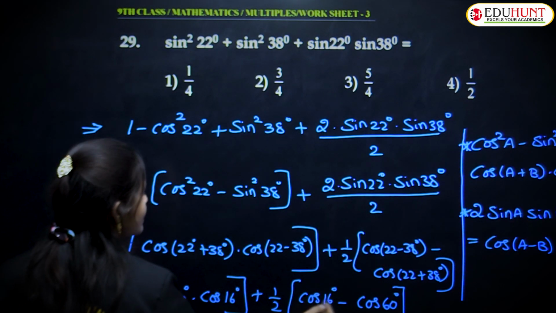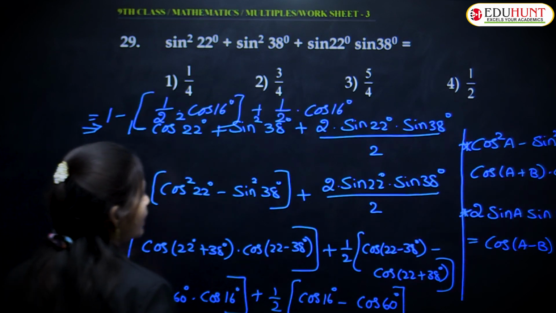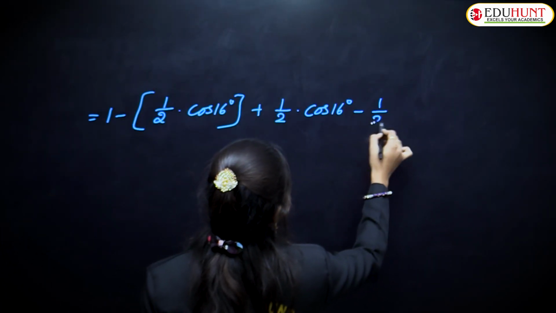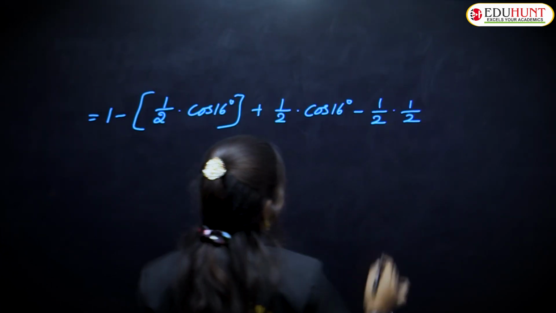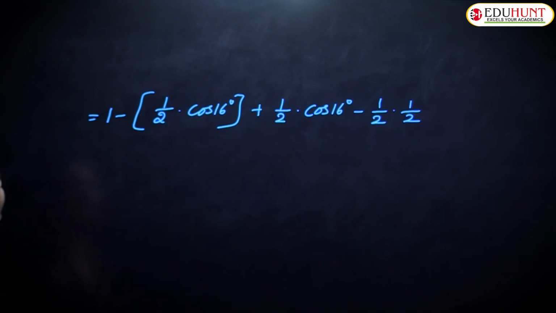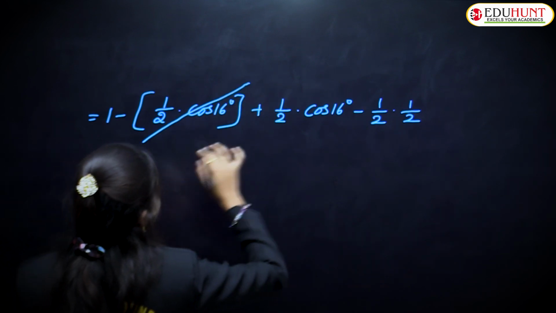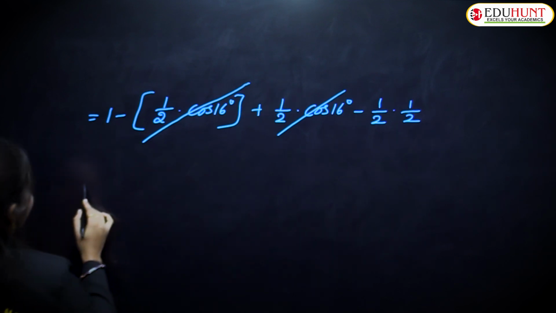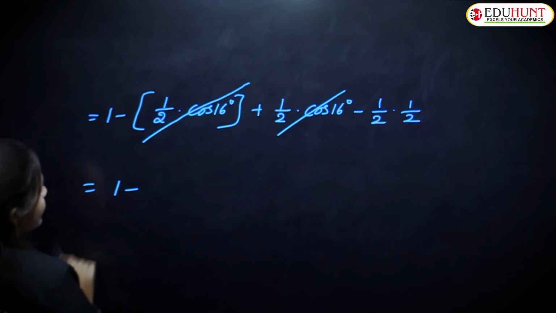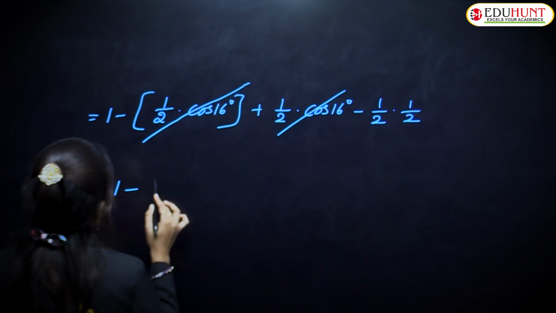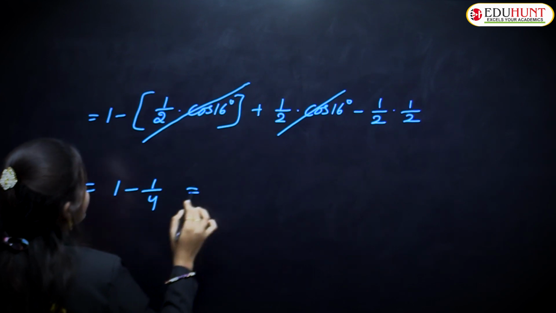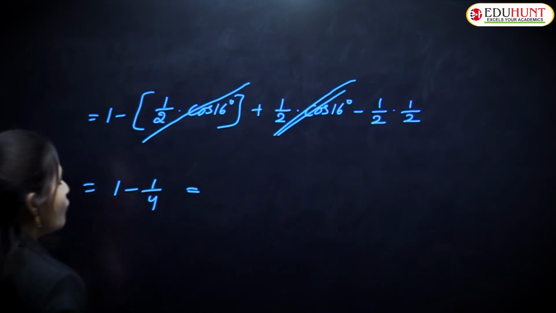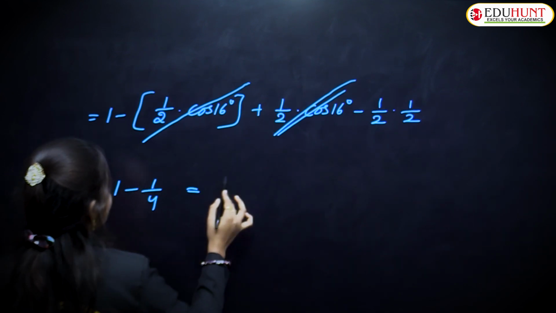Next, plus into minus is minus 1 by 2 into cos 60 degrees, whose value is 1 by 2. Now here minus 1 by 2 cos 16 plus 1 by 2 cos 16 degrees gets cancelled. So from this, 1 minus, here 1 by 2 into 1 by 2 is 1 by 4. So it equals 1 minus 1 by 4, that is 3 by 4.